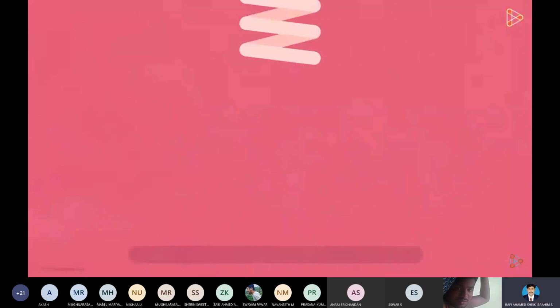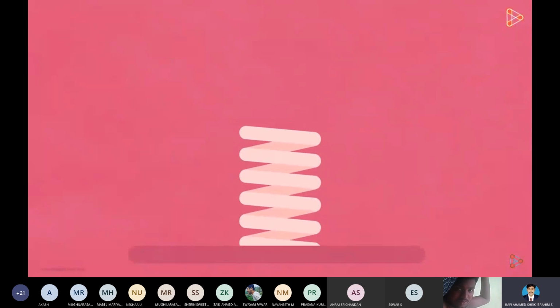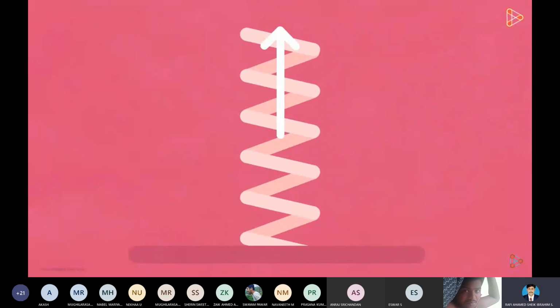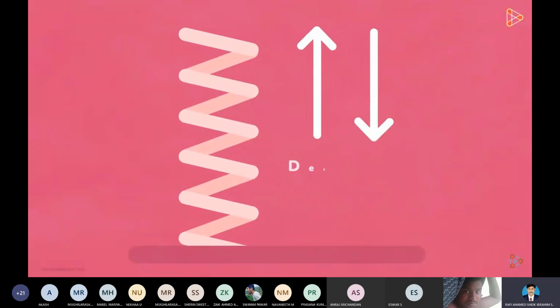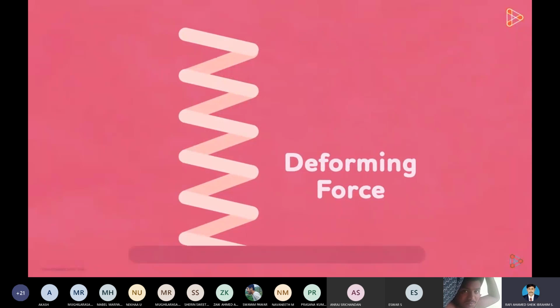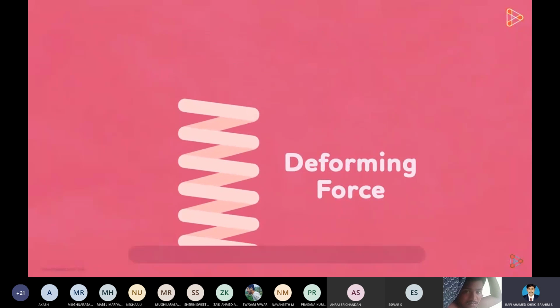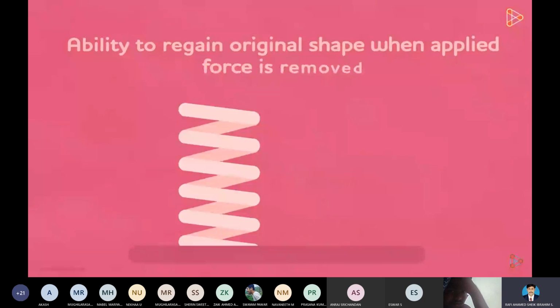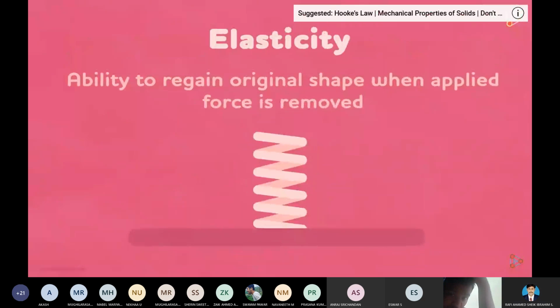Let's take an example of a helical spring. When a force of compression or tension is applied, the helical spring gets deformed, that is, it changes in shape or size. This force is referred to as the deforming force. And the ability of an object to regain its original shape when the influence of this deforming force is removed is called elasticity.